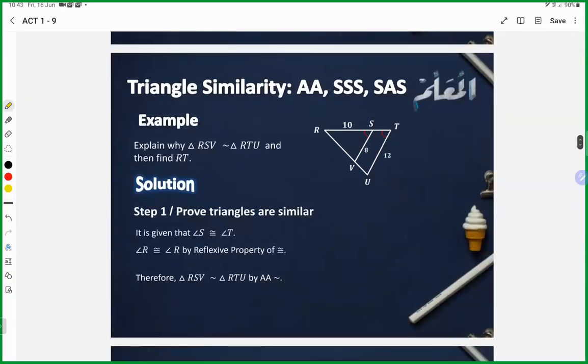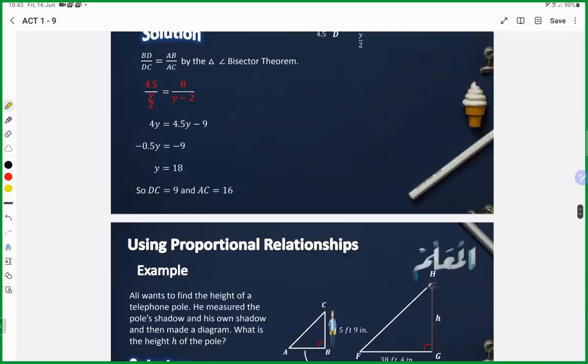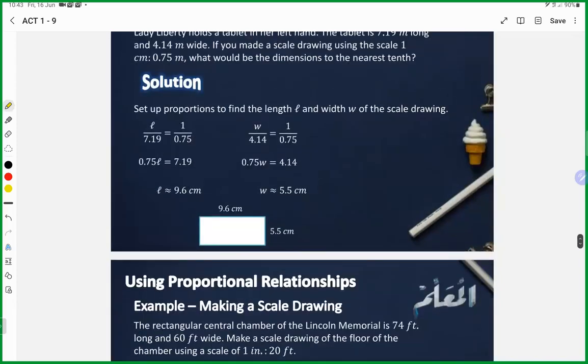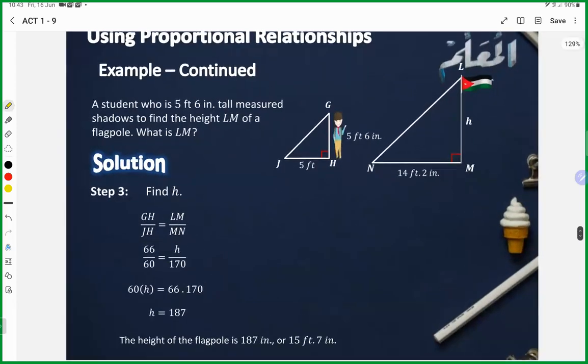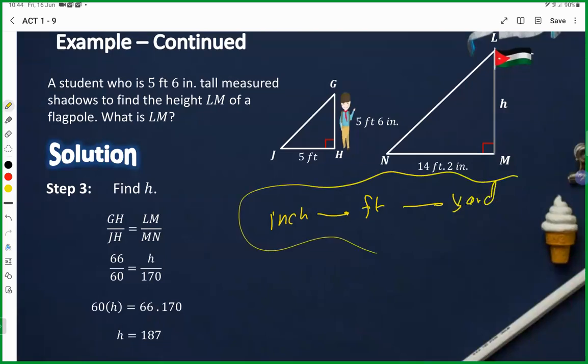If I want to solve a question, there is a very dangerous point in M1, and most of the students skip that. In M1, you need to remember and memorize how to convert from inch to feet to yard.